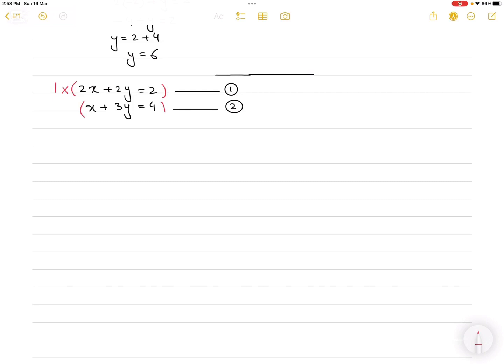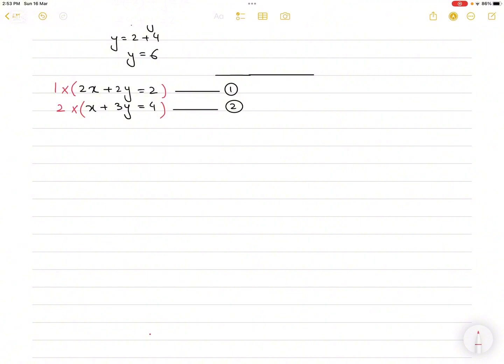And equation number 2 I will multiply by 2, because I want the variable x to become the same. The variable x has the coefficient 2 in equation number 1.